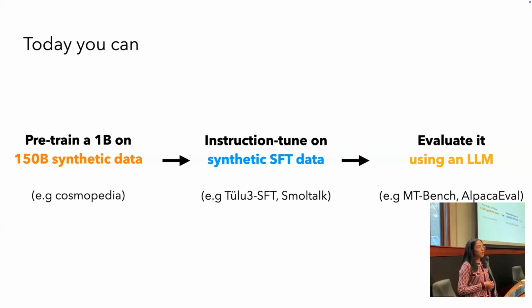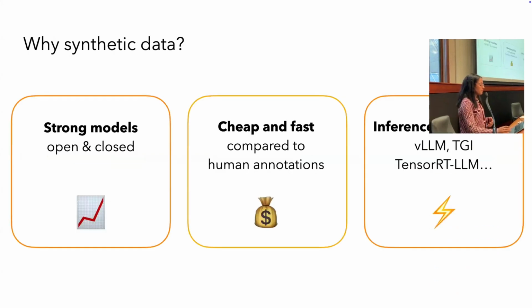And then to evaluate if the model is good, you can use a benchmark that uses LLMs as a judge, for example, MT Bench or Alpaca Eval. So I think this is really mind blowing, because just a few years ago, we wouldn't think this is possible. And I think there's a lot of concerns about model collapse, and I'm going to talk about that later. But we will see that if we use synthetic data properly and we curate it carefully, that shouldn't happen.